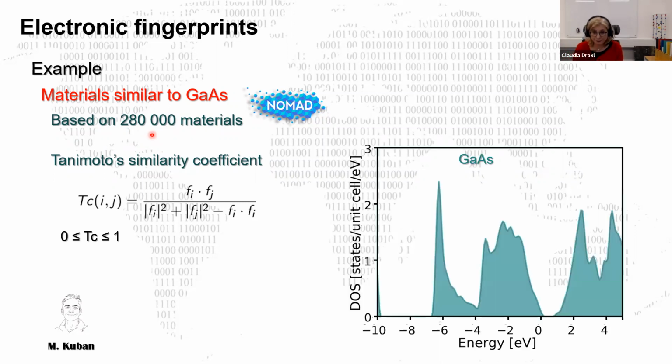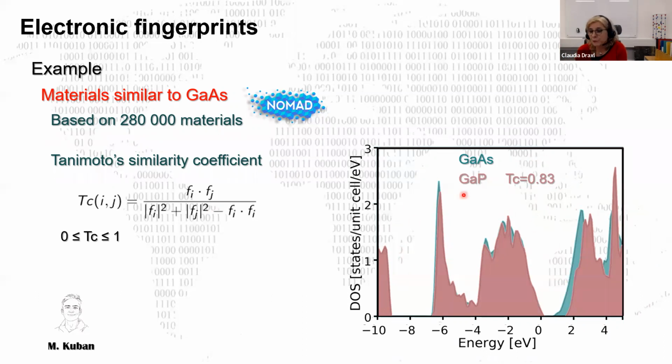This is the result. Closest to it is gallium phosphide. It has a high similarity coefficient, but smaller than 1, because we see here that the conduction bands are shifted with respect to each other. But if you're just interested in the valence band region, you could say they are basically identical. So gallium phosphide could replace gallium arsenide.